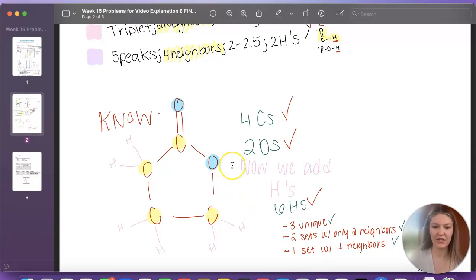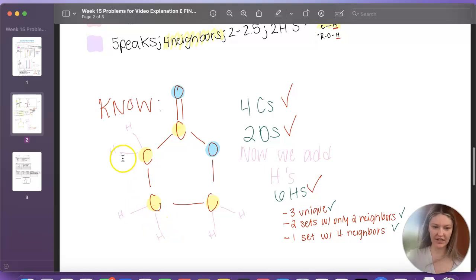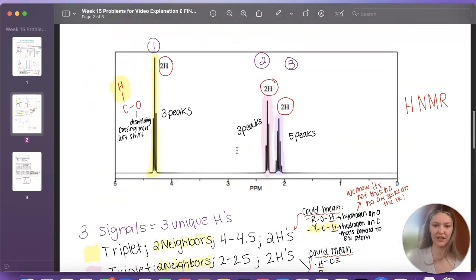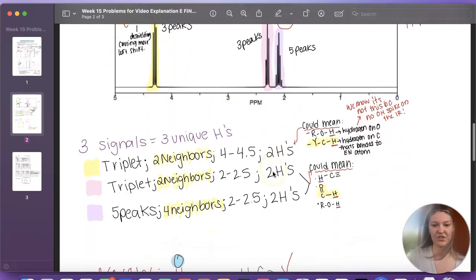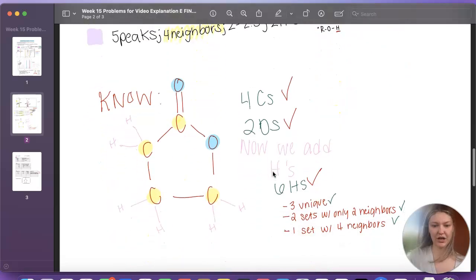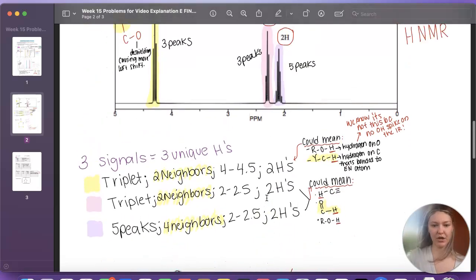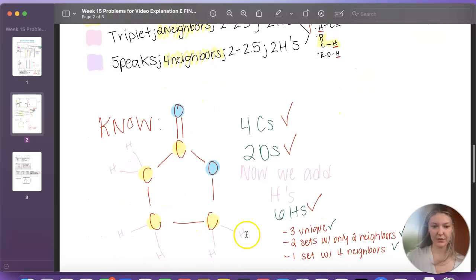I knew that I was going to have three unique sets. I knew from the HNMR how many hydrogens were in each unique set, which was two. So I had two hydrogens bonded to the carbon that's bonded to the oxygen. That would be these two right here.